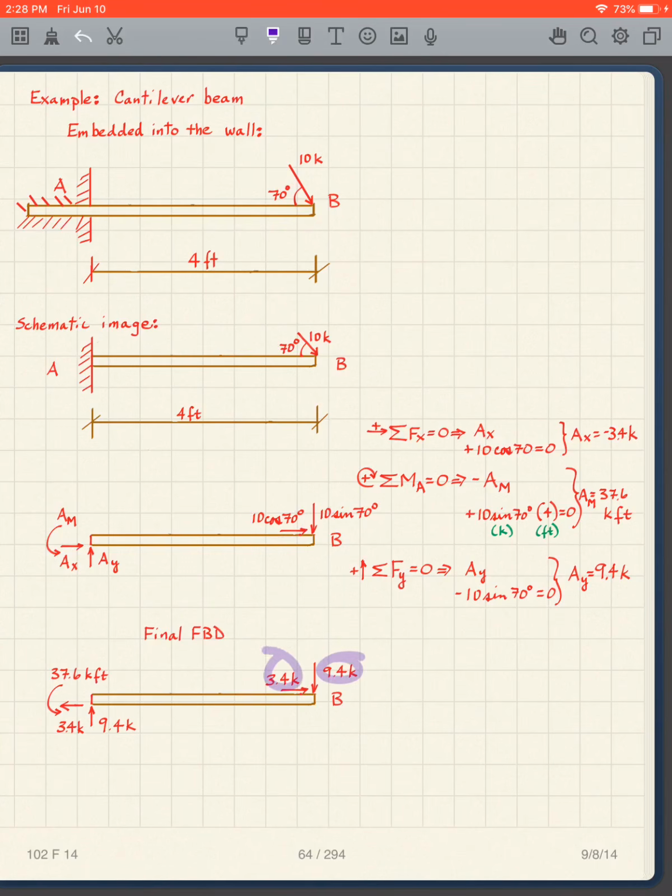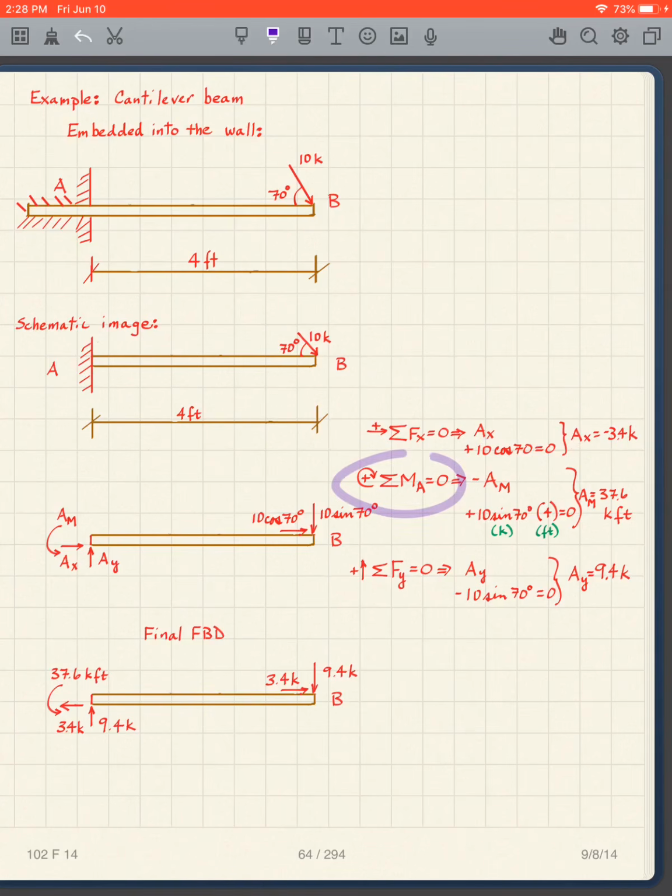Those are 9.4 and 3.4 respectively. I'll start with the forces in the x direction. I have AX plus the 10 cosine 70. So AX is negative 3.4 kips.